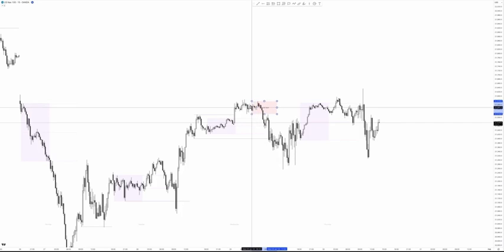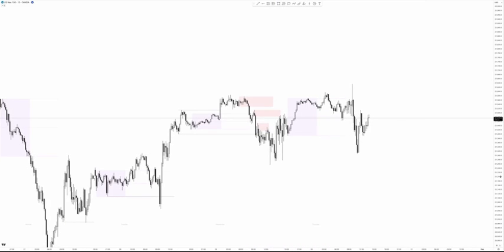Like this, for example, right here, traders would want to sell from there. You can even refine it if you want. And then you got this as well. And there you go.